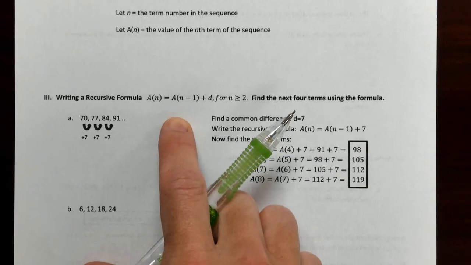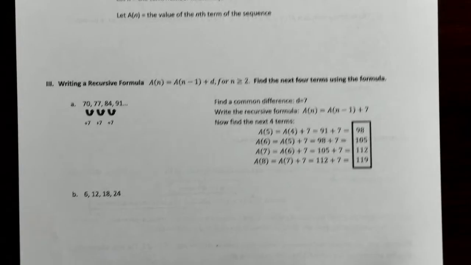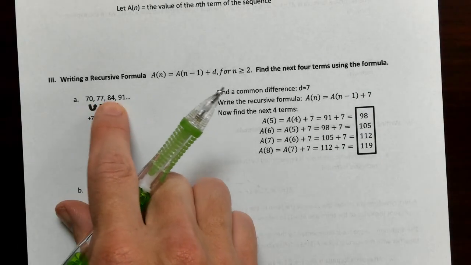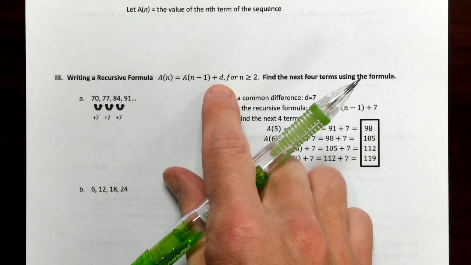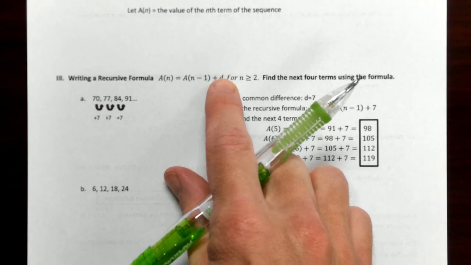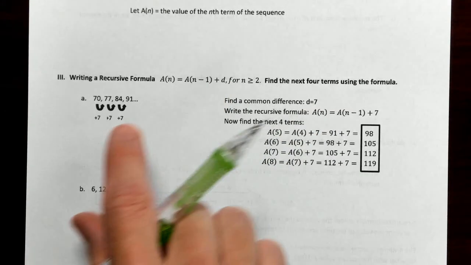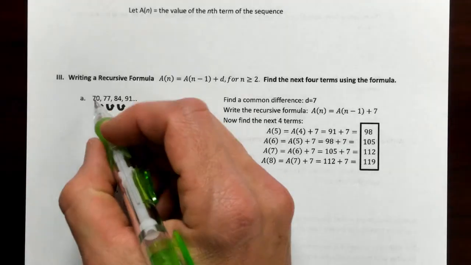Find the next four terms of my sequence. So I'm looking at A, right? We have the sequence 70, 77, 84, 91. So looking at my recursive formula, I know that I need D. I'm looking for the common difference between these numbers. So how did I get from 70 to 77?